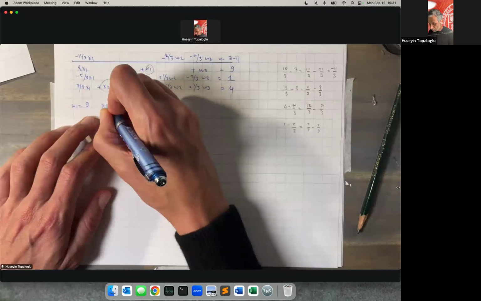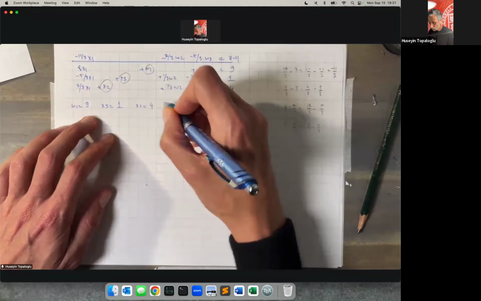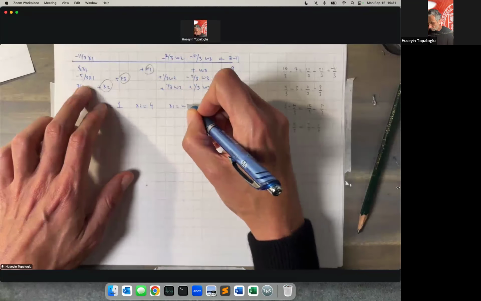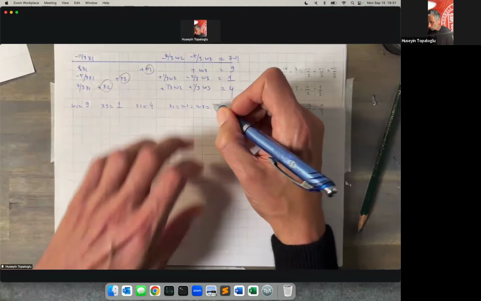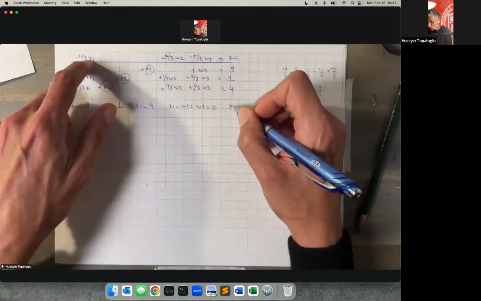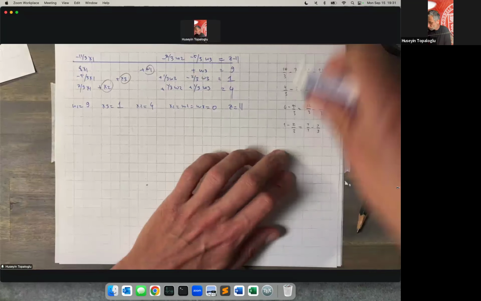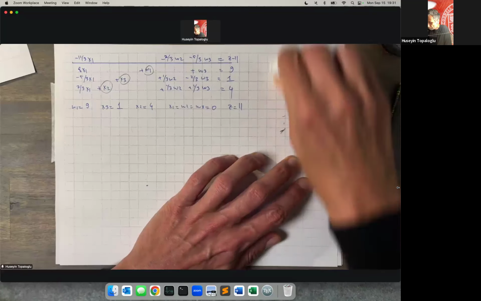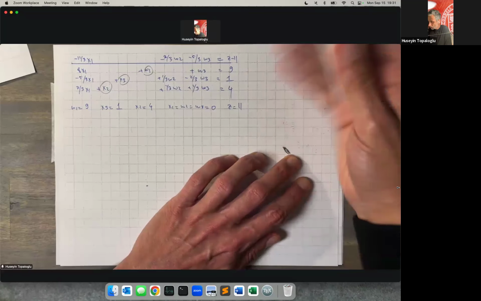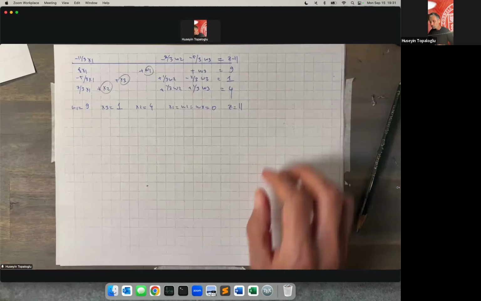w1 equals 9, x3 equals 1, x2 is equal to 4, and x1, w2, and w3 are all 0. If x1, w2, and w3 are 0, z has to be equal to 11. Excellent. So now this is the system of linear equations we reached.